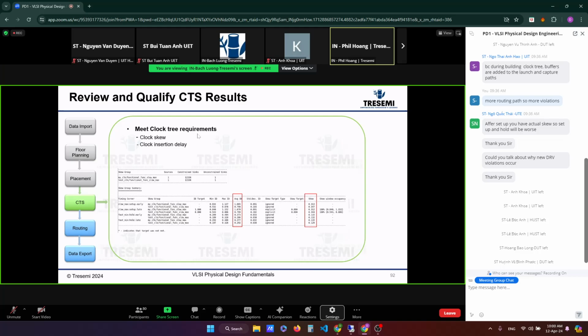So you do want to take a look, and you would try to do a CTS with a target skew at 0 first and see what the best it gets. It will try its best to minimize skew, at the expense of latency.